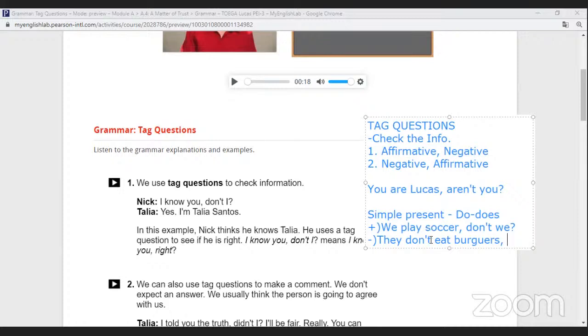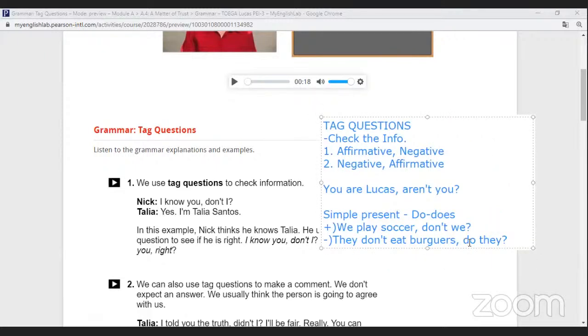No, this is negative. So if it's negative, the tag is affirmative. The affirmative of don't, do, and the same subject. Do they? Do they?